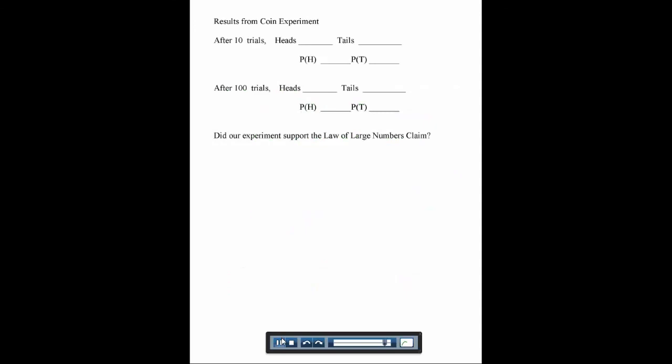So let's say you have a coin, a penny or whatever, and you can do this for yourself. You'll get different numbers. And let's say you flip it 10 times. Then maybe out of 10 times, you get 6 heads and 4 tails. Okay, then your probability of getting heads using the relative frequency approach would be 6 out of 10, or 0.6, 60%.